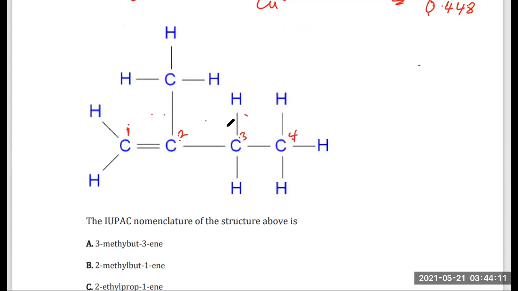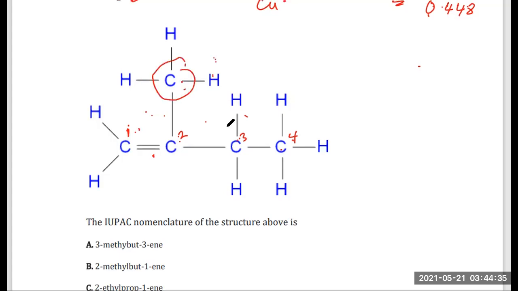That is the longest chain possible. And of course, I can also number it from here 1, 2, 3, 4. So why am I numbering from here? The functional group plays a role because there's a functional group present. That's why my numbering starts from 1 here. I could have started from the other end, but since the functional group plays a role, I'm starting from the functional group.